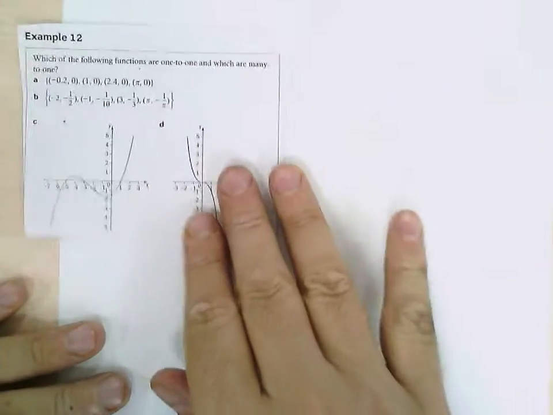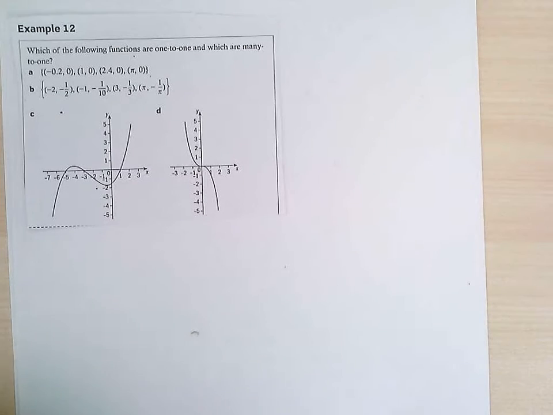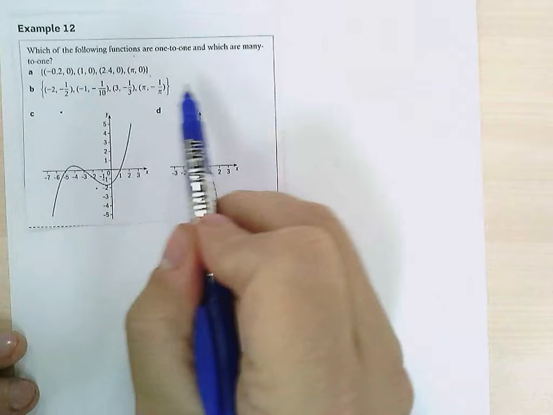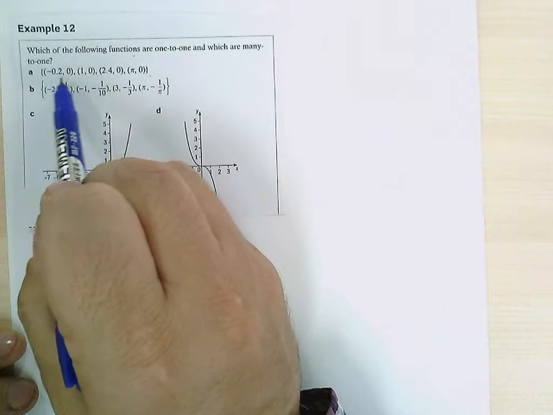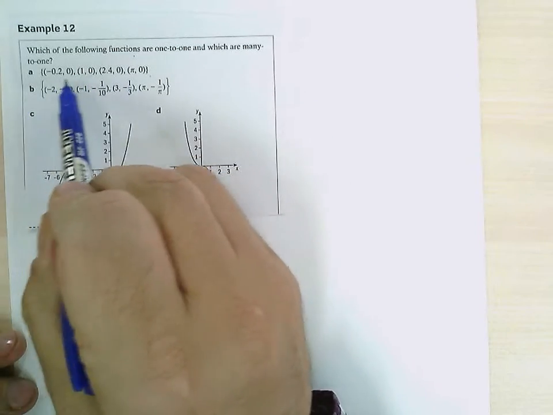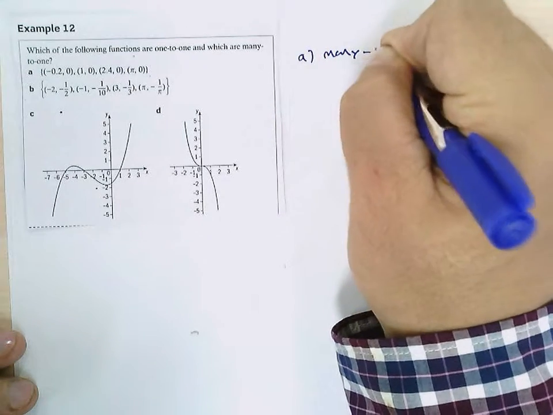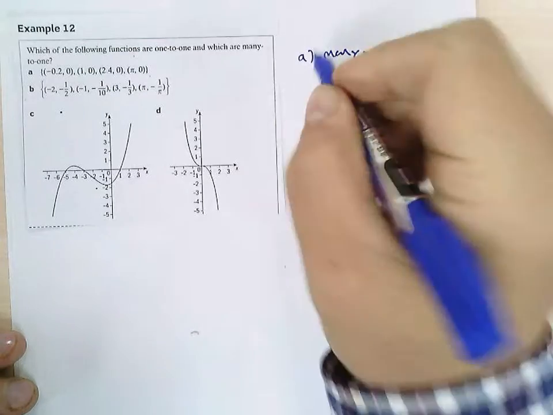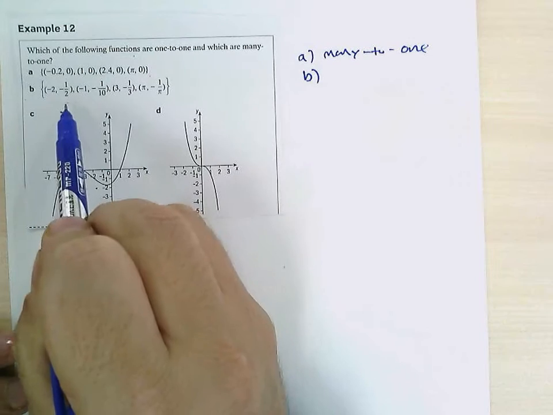Now, if we look at example 12, it says, which of the following functions are one-to-one and which are many-to-one. So the first one just gives you a set of ordered pairs, and you can see that at different x values we get the same y values, right? So I know that this one right here, A, is many-to-one. B, now this one here, let's see.